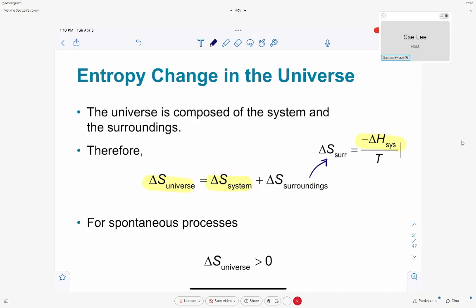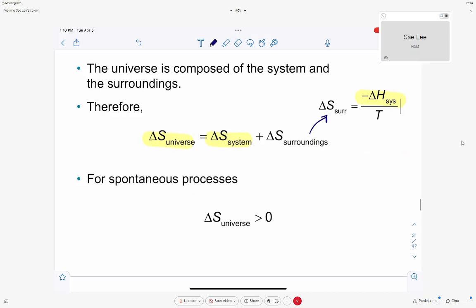For example, in sample exercise 19.5, the entropy change of the system of the reaction of producing ammonia is given as negative 198 kilojoule.